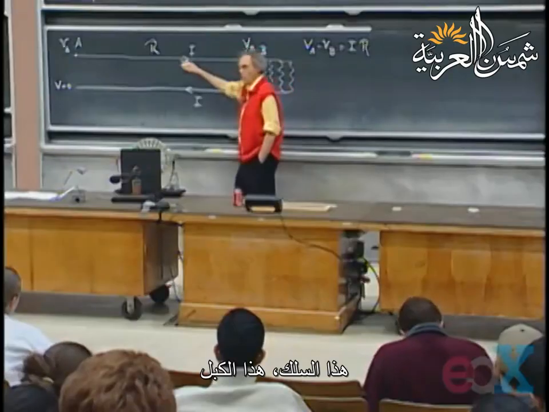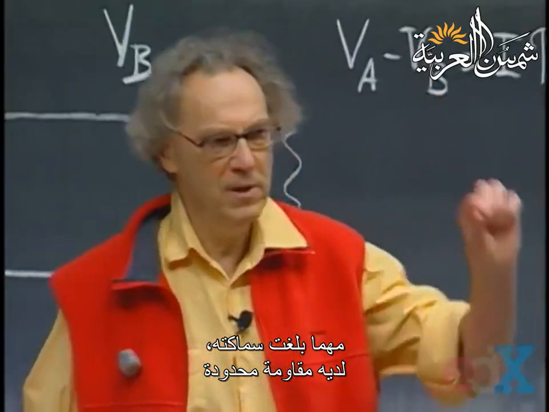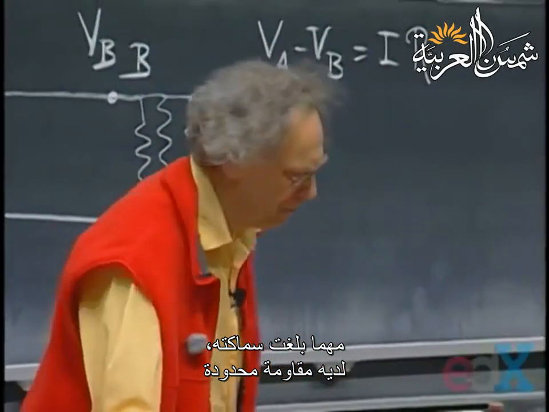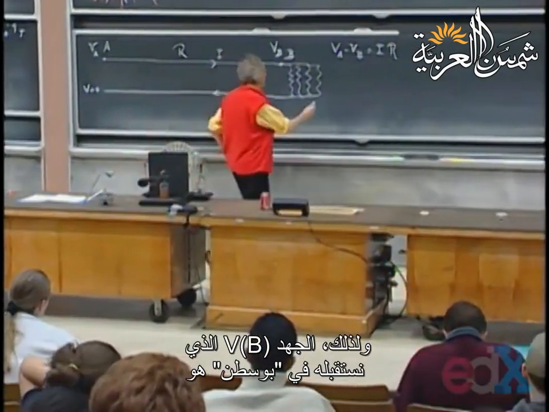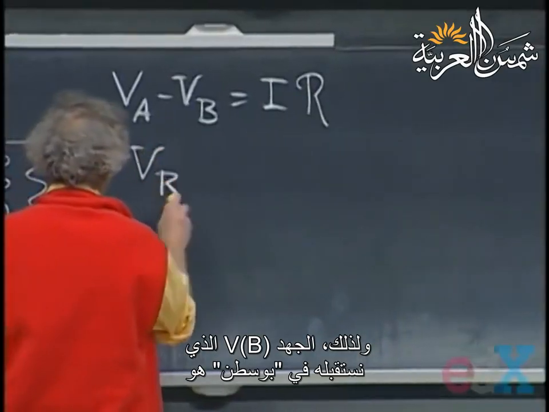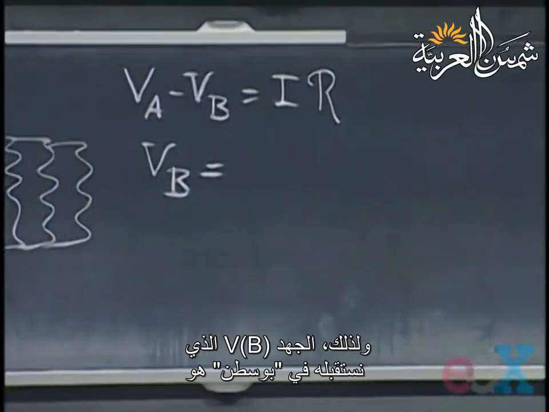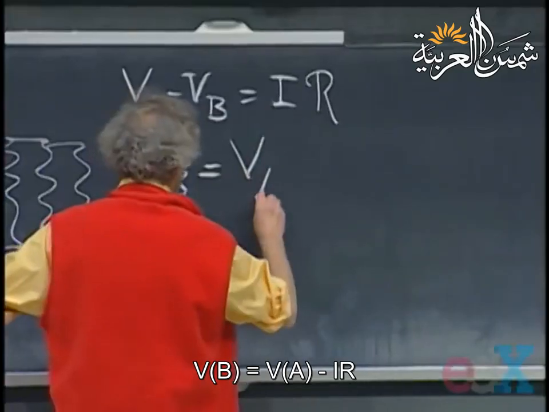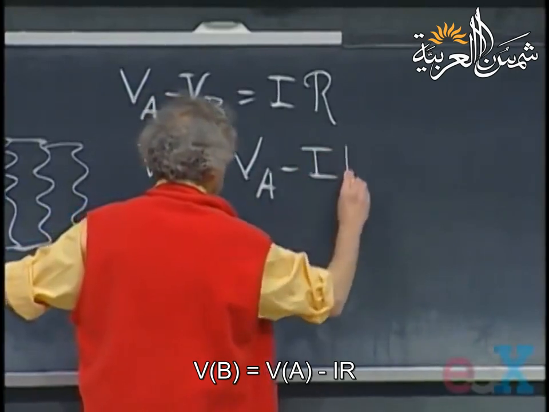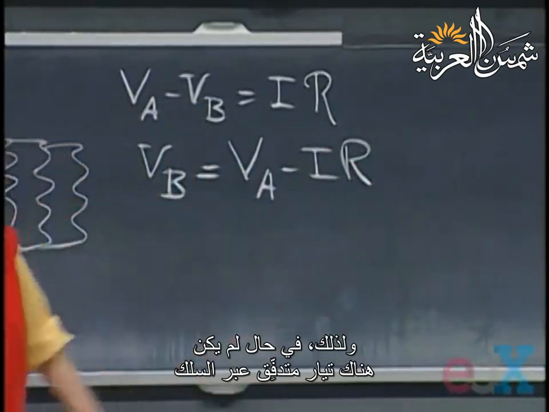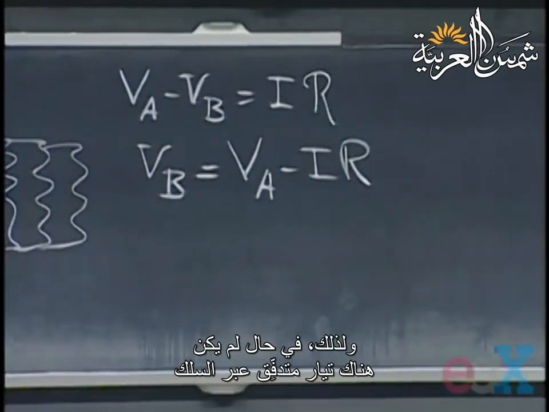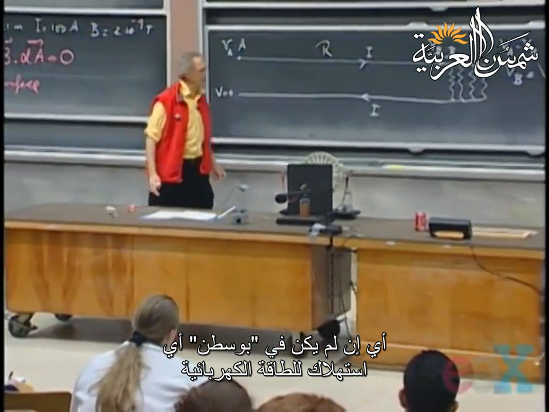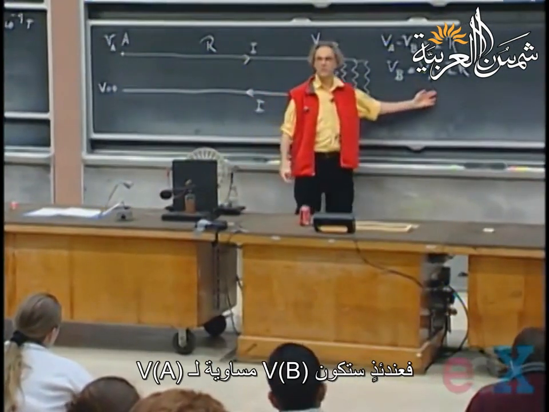This wire, this cable, however thick it may be, has a finite resistance. And so VB, that is the potential that we receive in Boston, equals VA minus IR. So if there's no current going through the wire, if no one is using any electric energy, then VB is the same as VA.